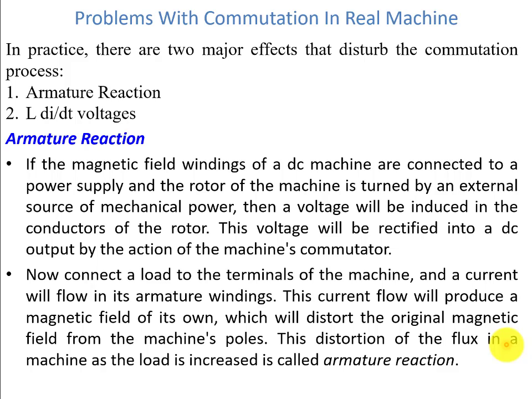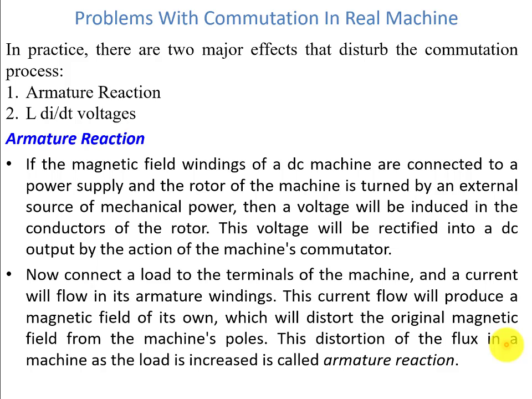There are actually two basic problems that affect the machine performance and machine working. One is known as the armature reaction, and the second one is known as the L di/dt voltages. So let's look at armature reaction.